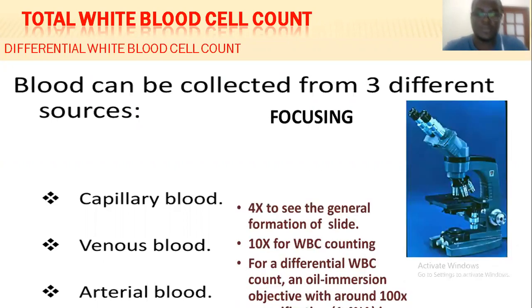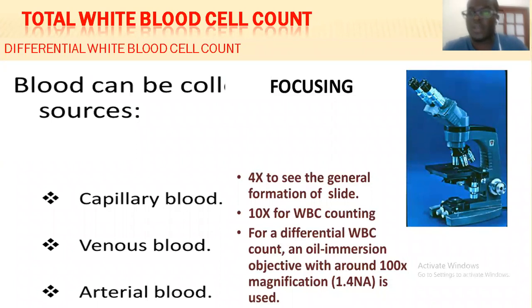It's very simple. Then you also need a microscope to do a differential white blood cell count, but you need to use different magnification since you want to differentiate the actual cells. First, when you get your microscope and your blood sample, you make a blood smear. After making a blood smear, you mount the slide on the microscope and start focusing.